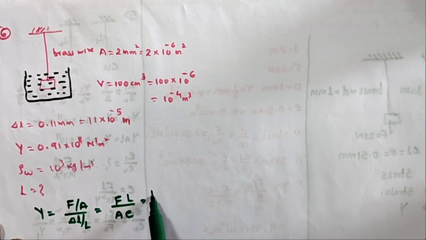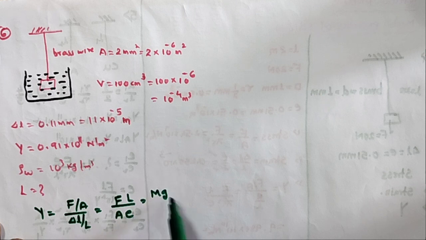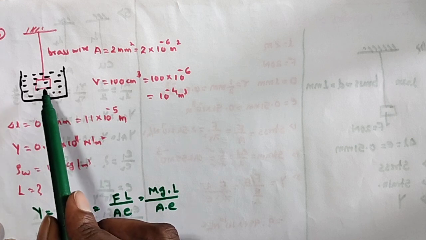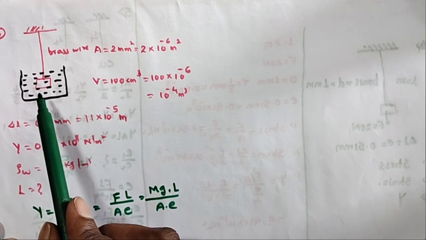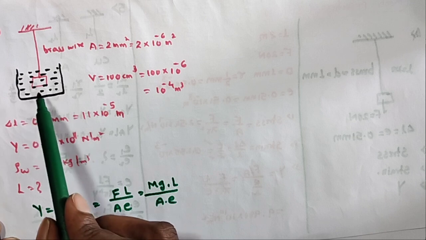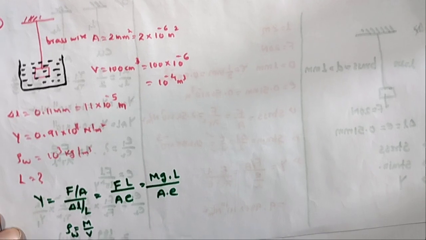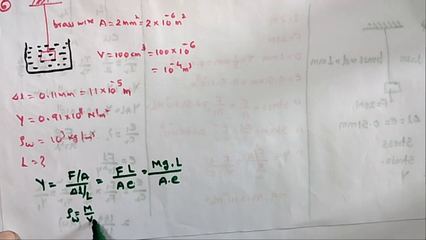F is equal to Y into A into e by L. But what is the mass when the object is inside the water? I don't know the mass, but density is given. Density rho is equal to mass per unit volume. So density of the water rho W is equal to mass of the body by volume of the body.